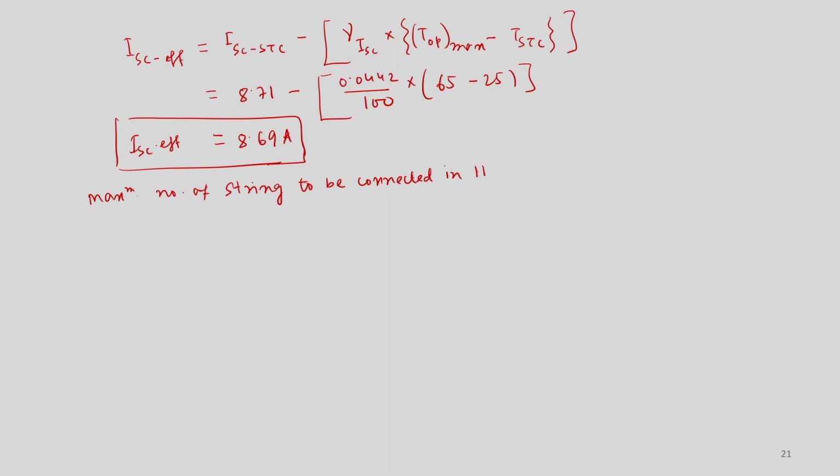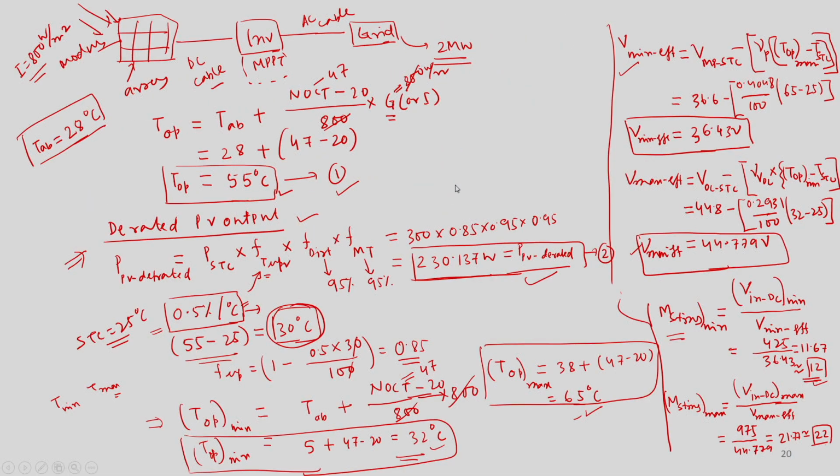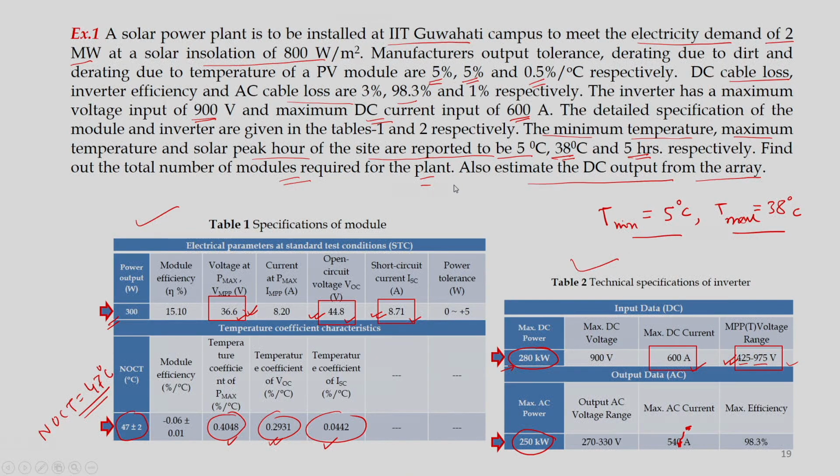For that we have the equation S max, which is I inverter DC divided by ISC effective, which was just calculated. The I inverter DC value, already given in the specification table, is 600 ampere.